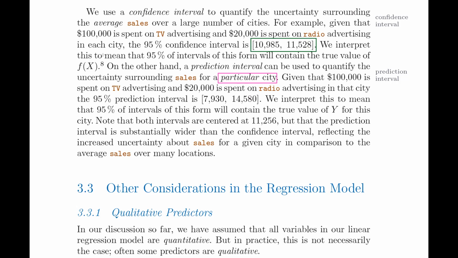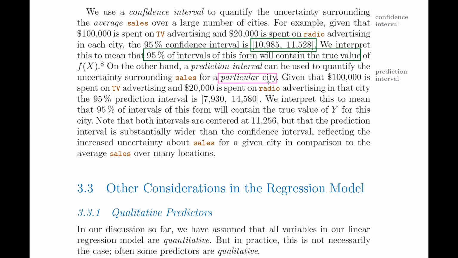This is what they mean by 95% of intervals will contain the true value. Now, if it's a particular city, there's the error term of that specific city.